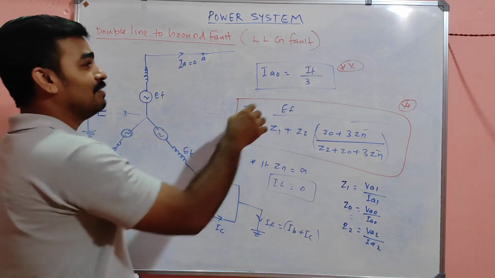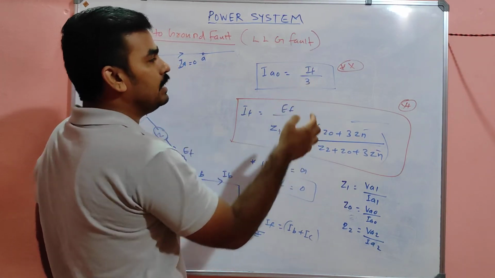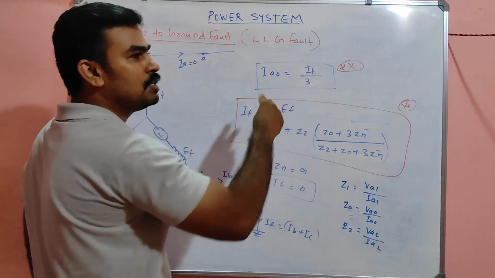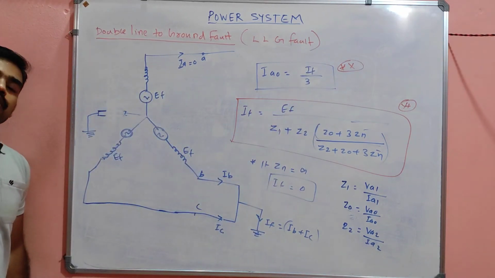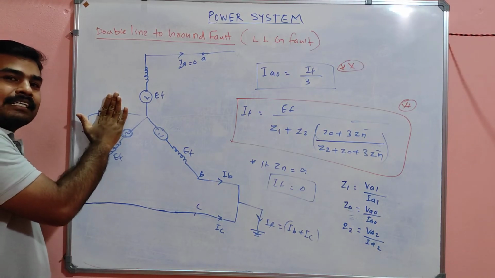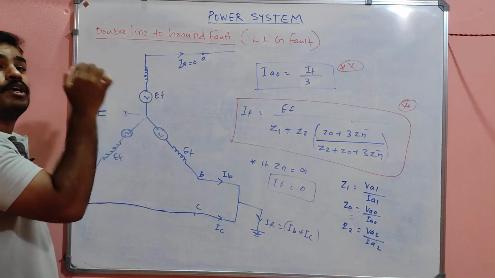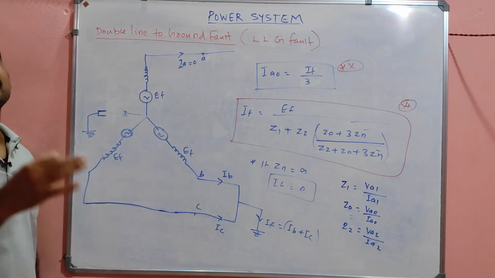And one more very important term, my dear. IA0 is equal to IF by 3, so if IF is equal to 0, IA0 is also 0. A very beautiful relationship. If there is no earthing of the star connection of the alternator, there will not be any zero sequence component.